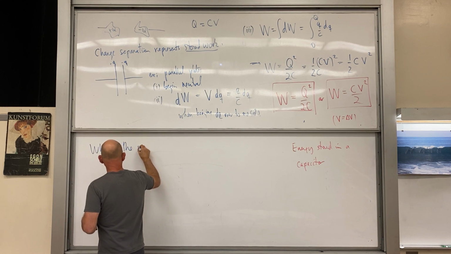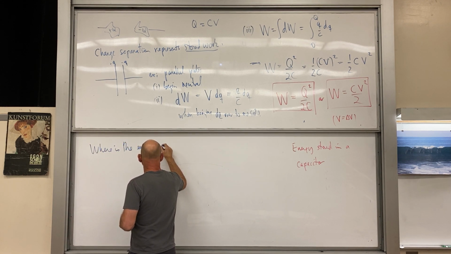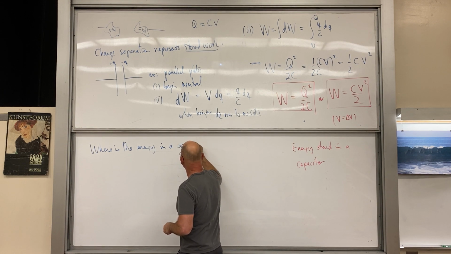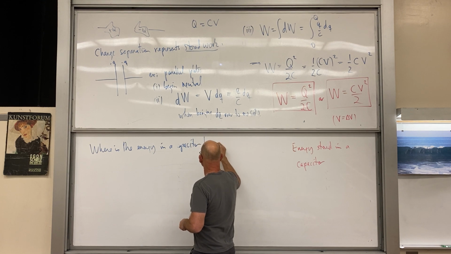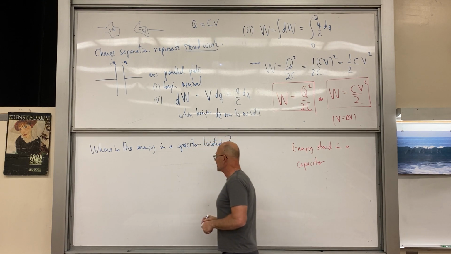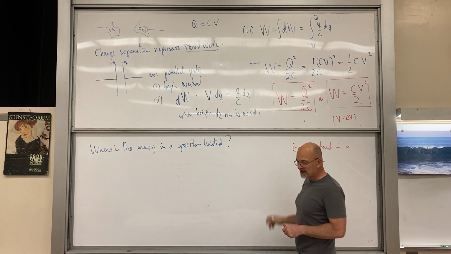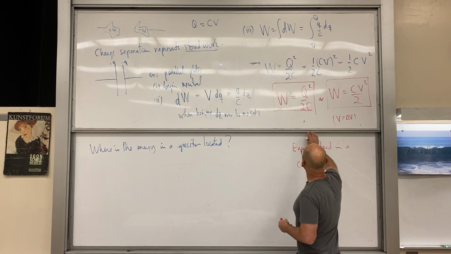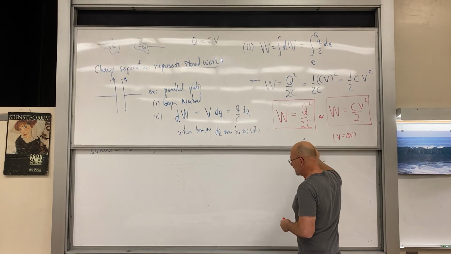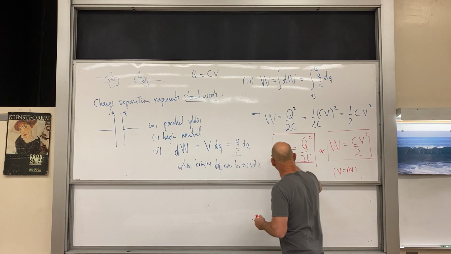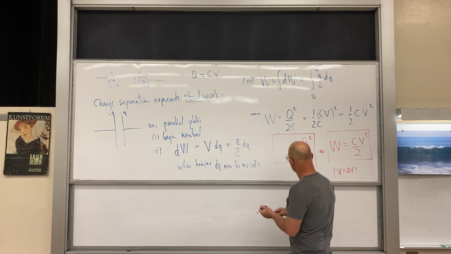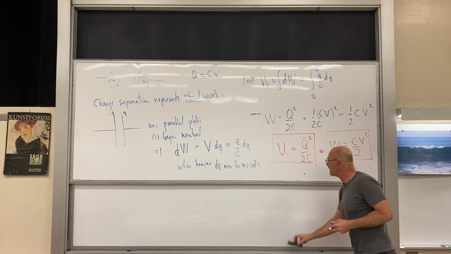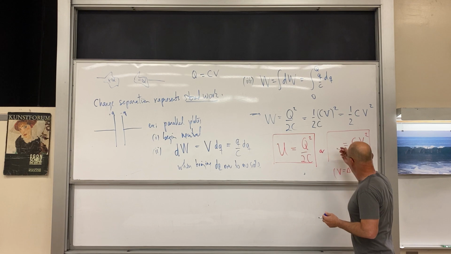Where is the energy in a capacitor located? Right, we're thinking of this now as a potential energy. Let's go ahead and do this. We're going to change the letter to U, capital U, for potential energy.